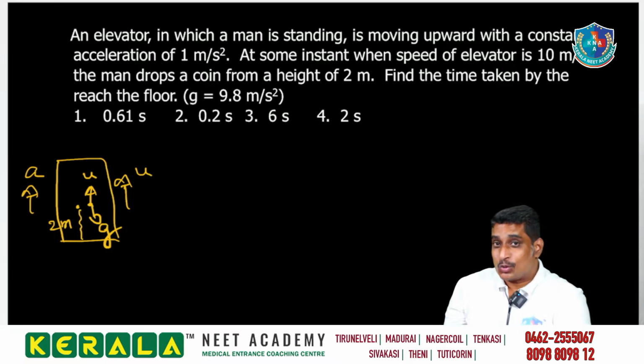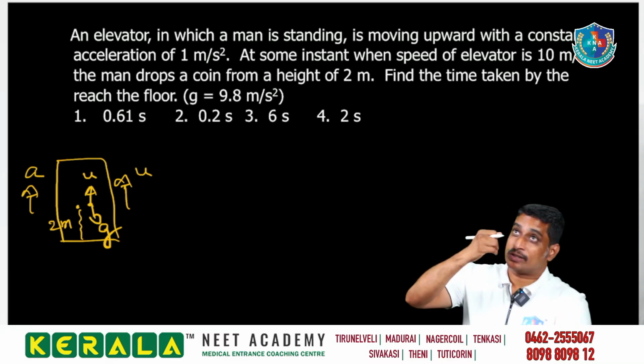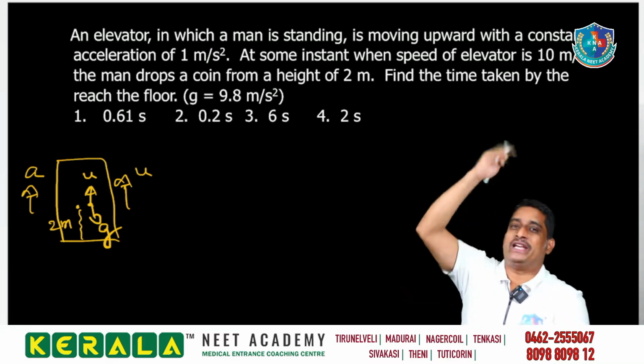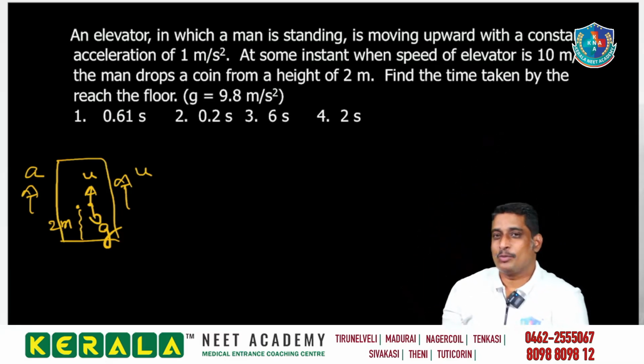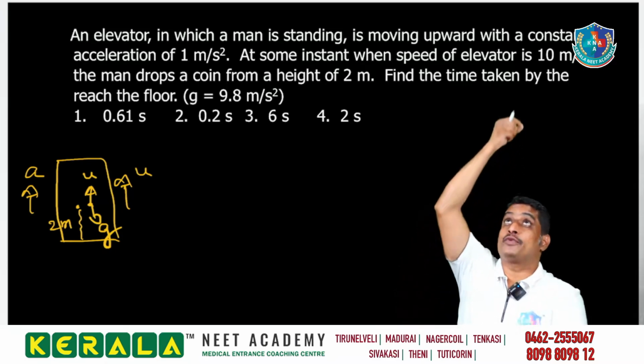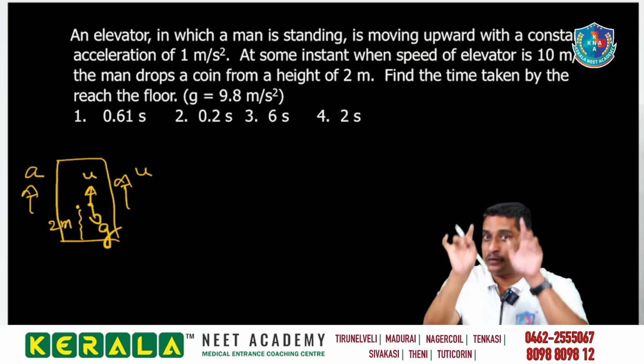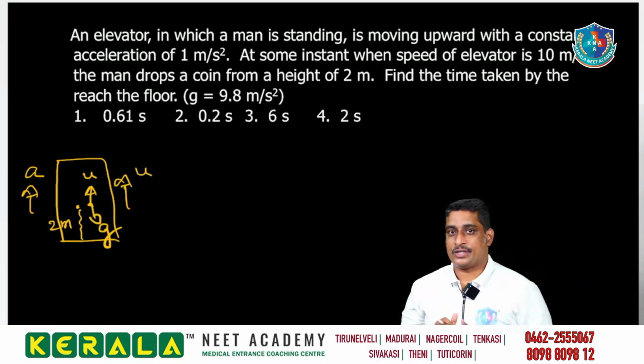Therefore, as soon as that stone is released from certain height h inside the lift, with respect to the ground, that stone will behave as if it is projected vertically upwards from some height. So the motion of the stone with respect to the ground will be moving upwards and coming back. That is the situation. But when you look at that stone from the lift frame, the scenario will be different.